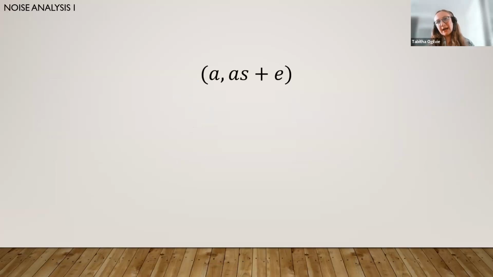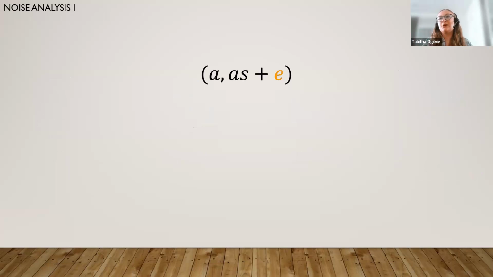Cool. Okay, so let's talk about noise analysis. Why is noise analysis necessary in homomorphic encryption? Well, the class of fully homomorphic encryption schemes we're thinking about are often going to be built on the learning with errors or ring learning with errors problem or some related problem.